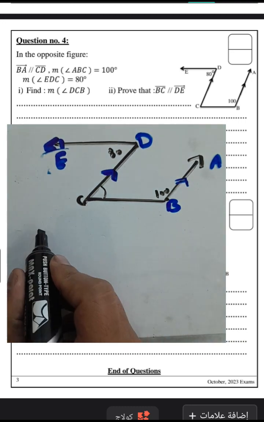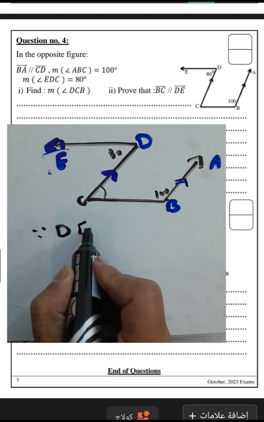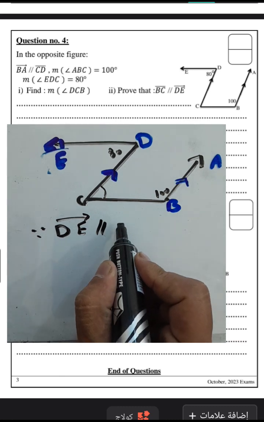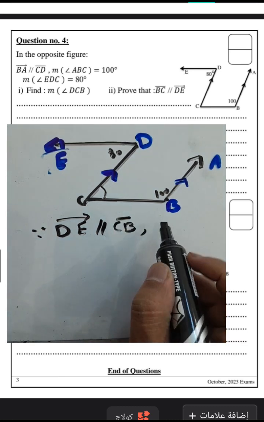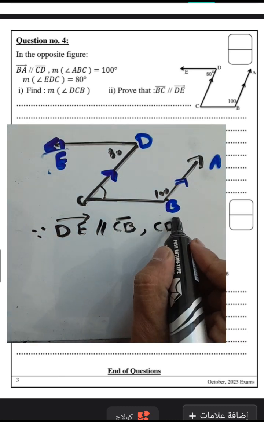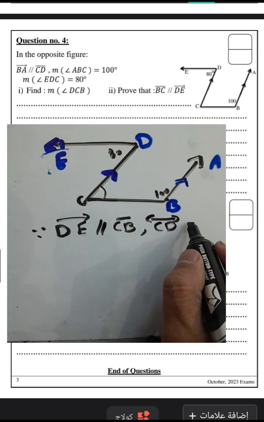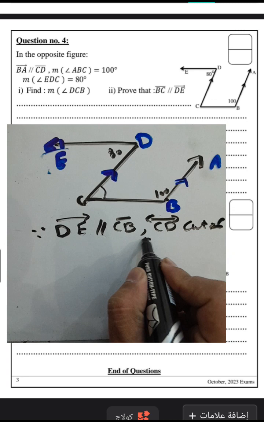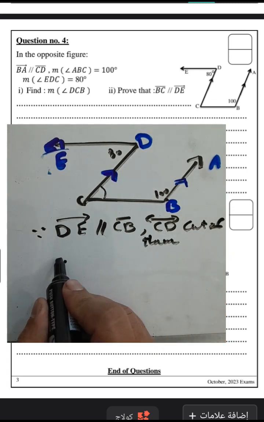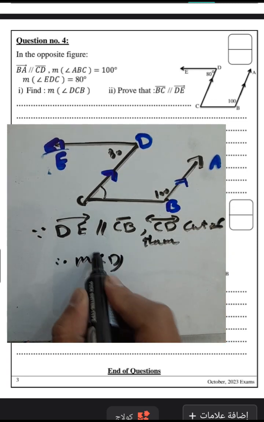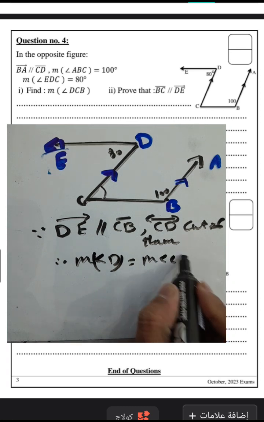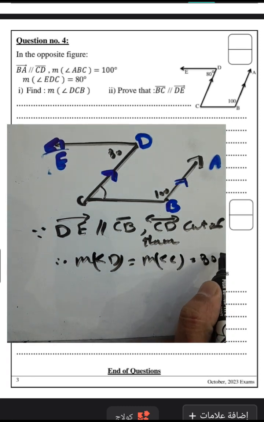We can find the measure of this angle here. How? Since DE is parallel to CB and CD cuts them, the measure of angle D will be equal to the measure of angle C, equal to 80 degrees. We call them alternate angles.